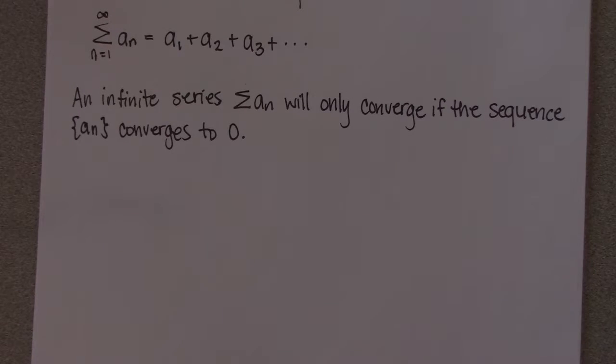So if you want to figure out what a series sums to, because we're doing infinitely many terms, well, with sequences, right, we had a pattern and we could look at the nth limit.